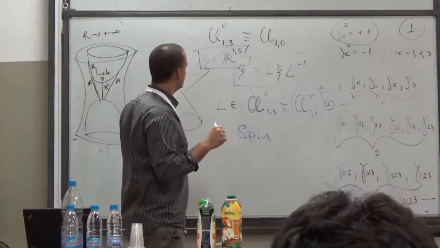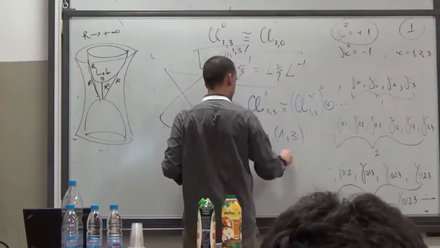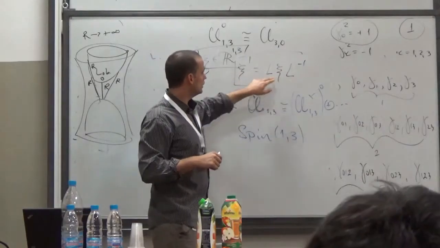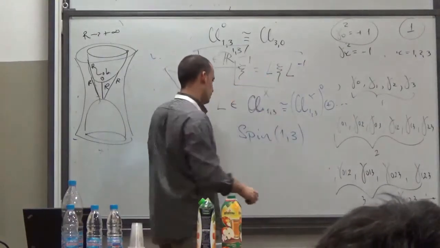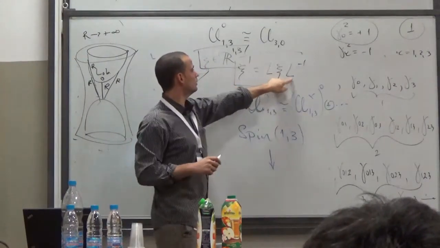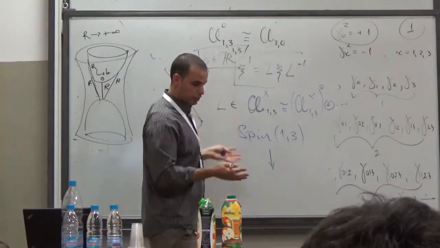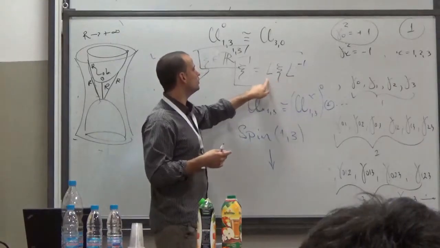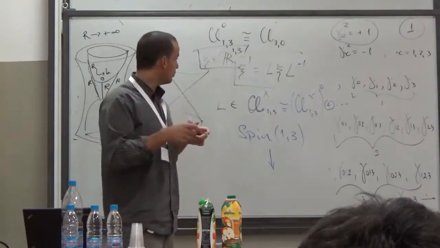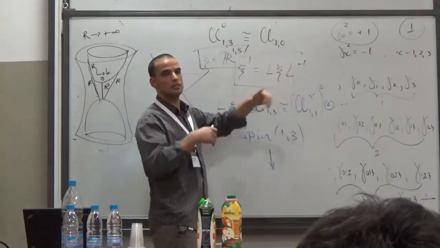Spin is determined by the signature of the matrix. So conjugation gives you a projection of this group onto the Lorentz group, because there is a kernel: if you change the sign of L here and here, this cancels.